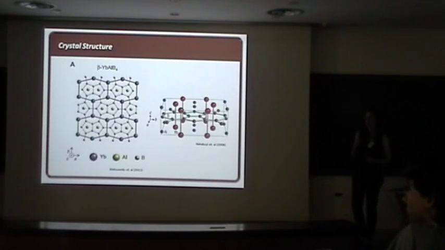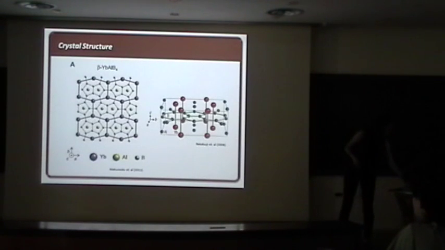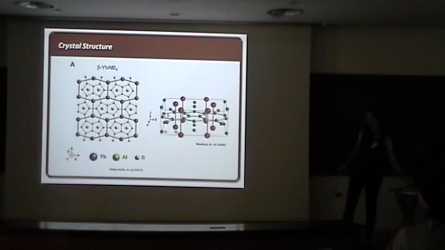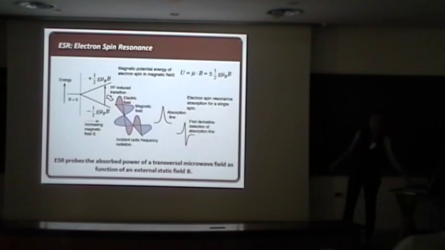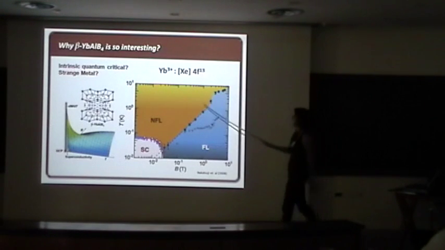In which part of the phase diagram do you see the hyperfine? So the hyperfine you see in the low tens of kelvin, with a small magnetic field. So I would say that they see it in this region.